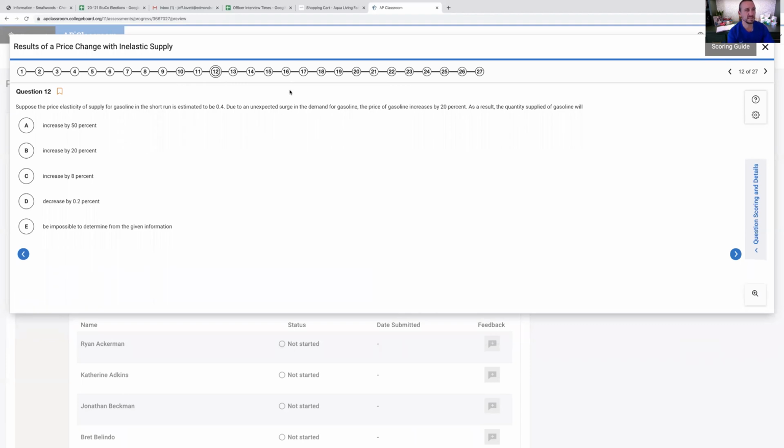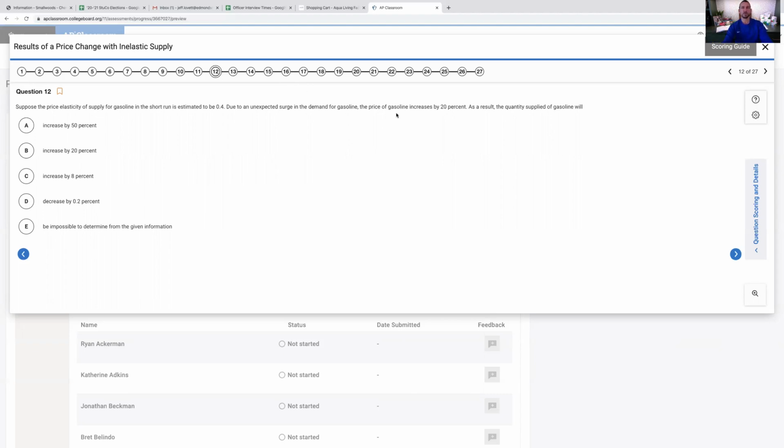The price elasticity of supply of gasoline in the short run is 0.4. Okay, it's 0.4. Due to an unexpected surge in the demand for gasoline, the price of gasoline jumps by 20%. As a result, the quantity supplied of gasoline will do what? So this is just math. Percent change in quantity over percent change in price equals 0.4.